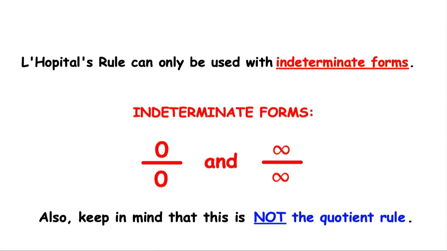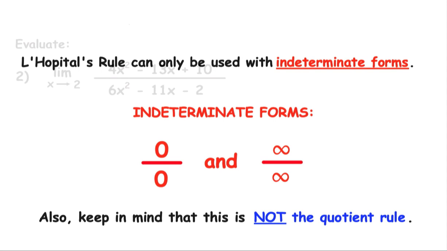Also, keep in mind, this is not the quotient rule either. Even though you see fractions, you're not going to go u prime v minus uv prime over v squared. Thankfully, no. You're taking the derivative of the numerator as if it was the only thing on the page. And you take the denominator's derivative the same way. You ignore the numerator. Okay, so it's not quotient rule, thankfully.